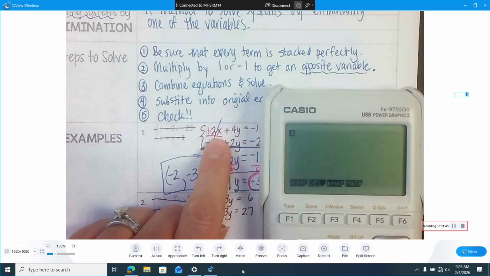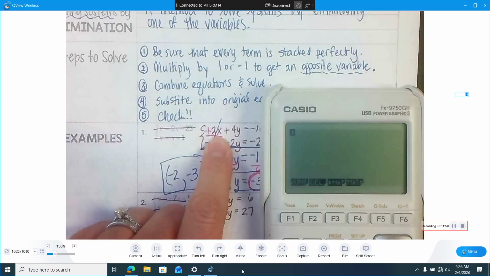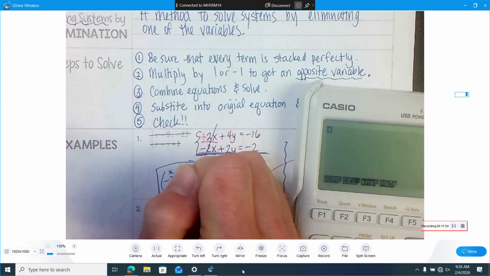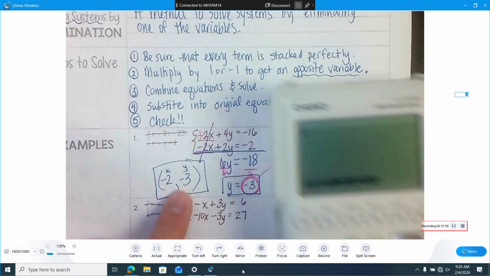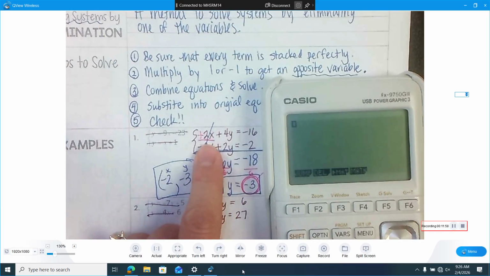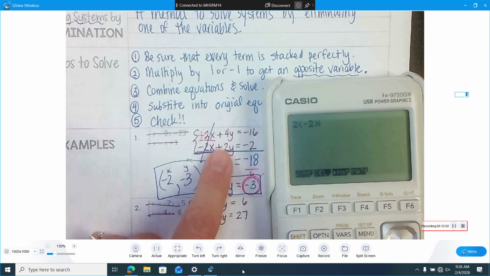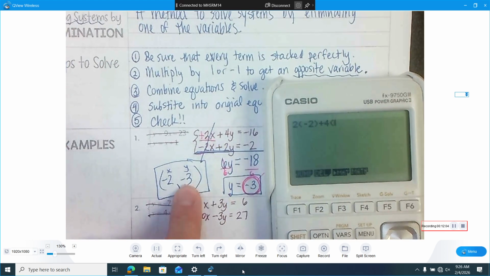So what we do is we go to the original equation, and again, we're just substituting, we're plugging in a negative 2 for the x, and we're plugging in negative 3 where we see a y. So we're going to do 2, plug in a negative 2, and then plus 4, plug in a negative 3, and then what should it equal?